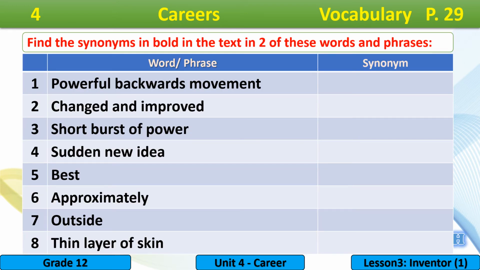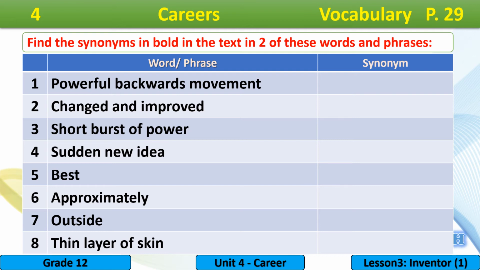Dear students, now in the same page, we have to find the synonyms in bold in the text for these words and phrases. Now we have the words and phrases to the left. We have to find the synonyms for these from the words we studied at the beginning of this video. Now try to read what's written to the left.